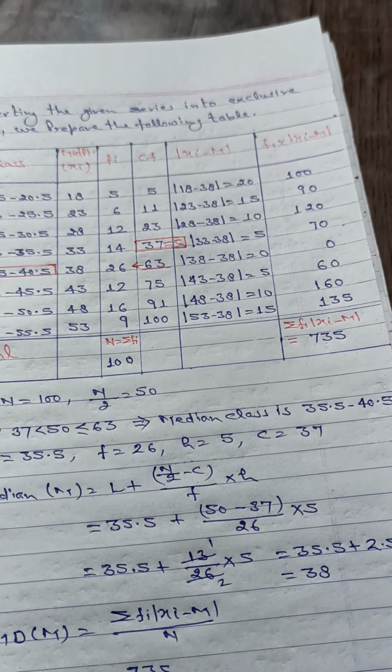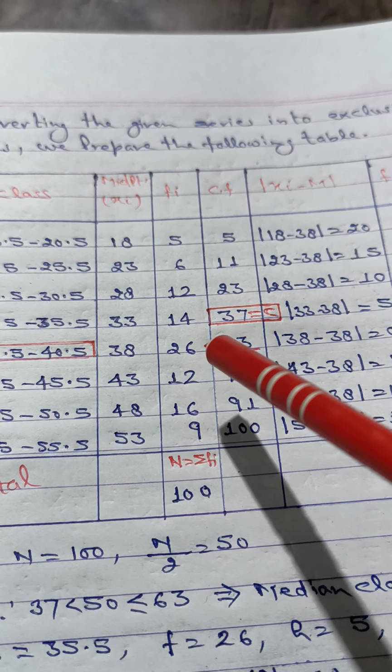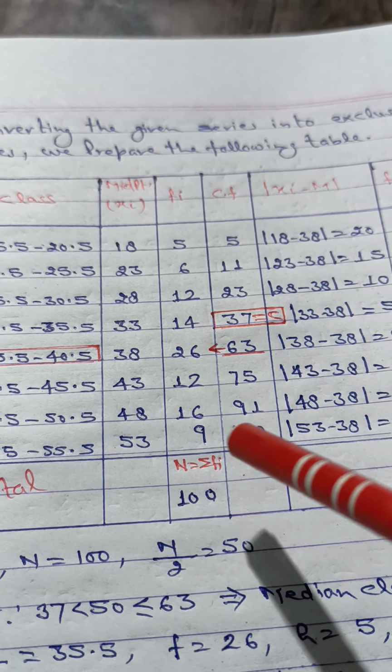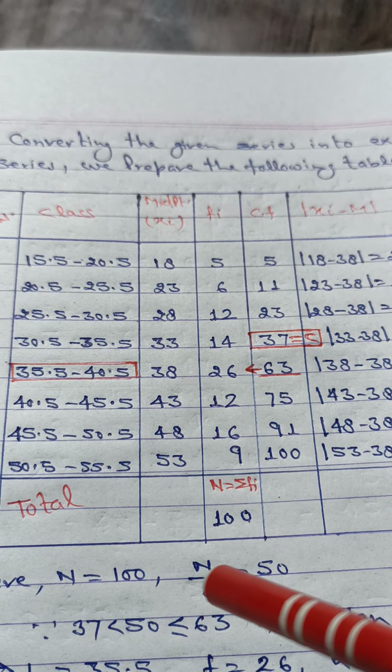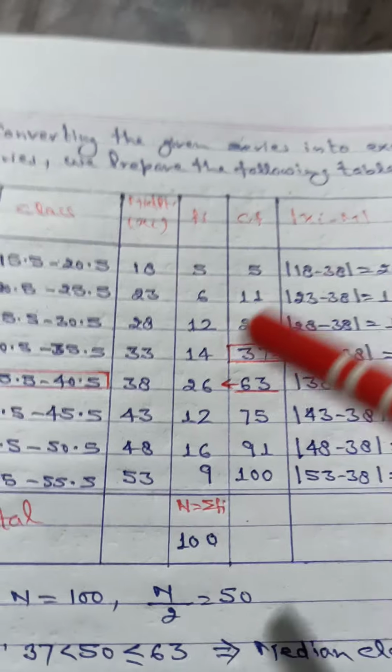Therefore, adding 5, we get 23, 28, 33, 38, 43, 48 and 53. The frequencies are also given: 5, 6, 12, 14, 26, 12, 16, 9. If we add them, we get n equal to sigma fi, which is 100.